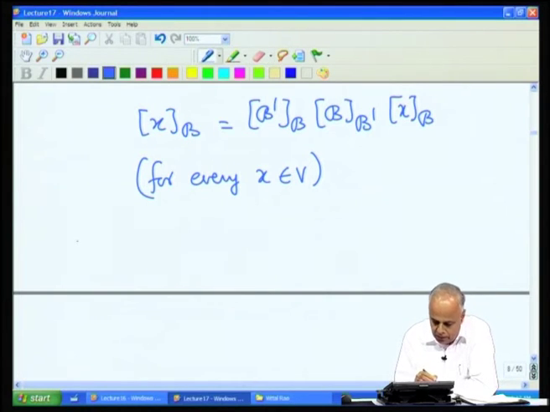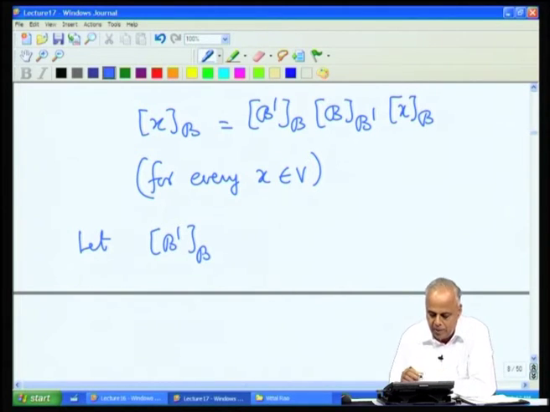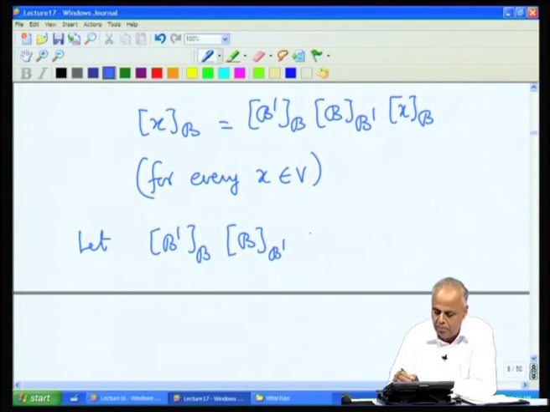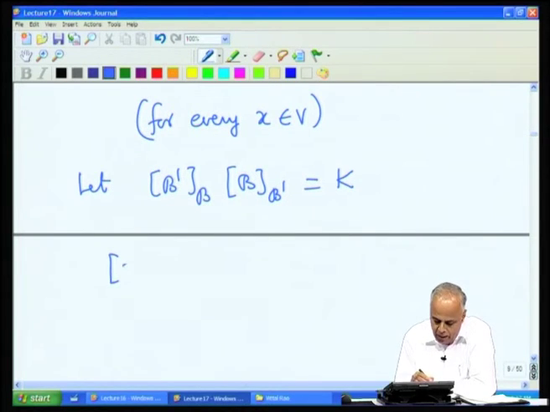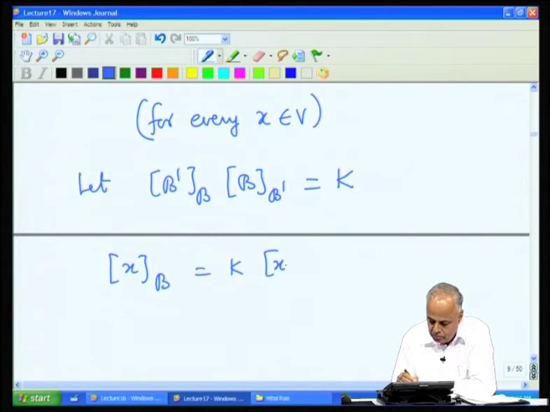Remember, B_B'B is an n by n matrix, times B_BB', which is also an n by n matrix. Call this matrix K. Then we have x_B is equal to K x_B for all x in V.